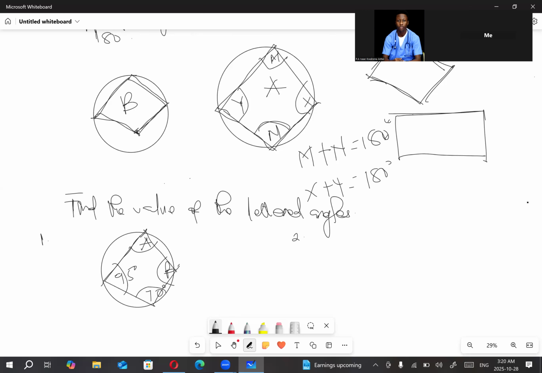Everything we've been talking about is about the cyclic quadrilateral. I drew two different diagrams. What do you think they were for?